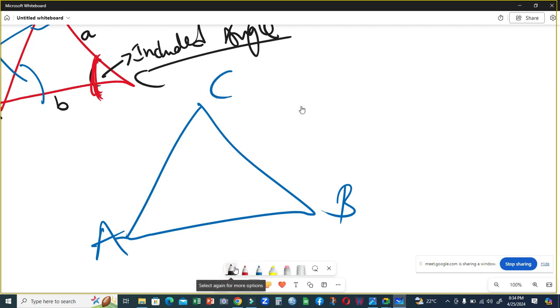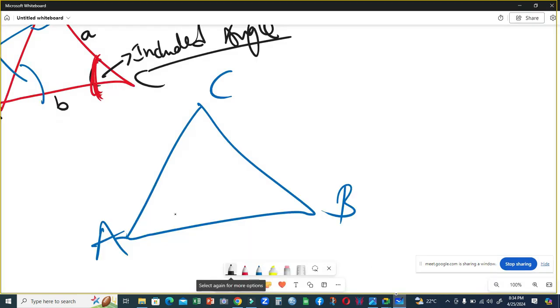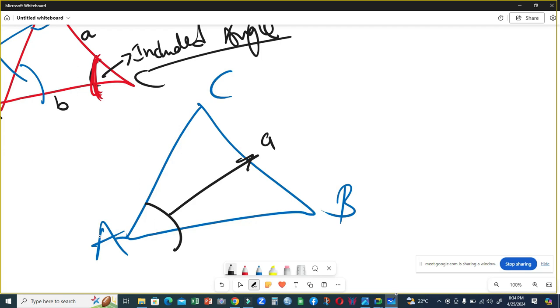So in short, for a sine rule to work, you'll be given first of all one angle and its opposite side in full. So it's either angle A and its side a, or angle B and its side b. One pair will be given in full.